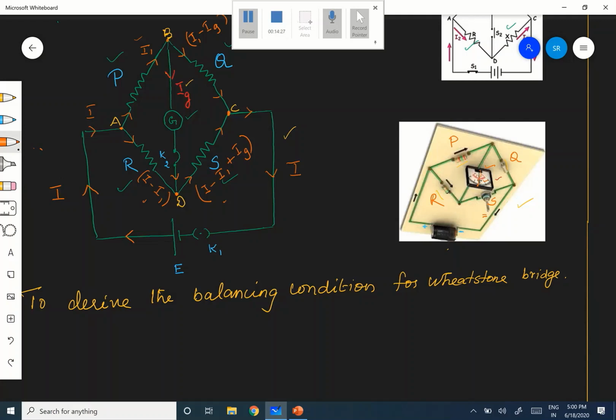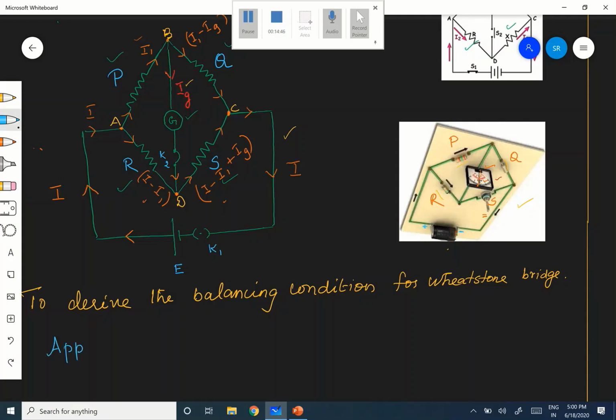How? By using Kirchhoff's second rule, which is called the loop rule. That is what we are going to use.